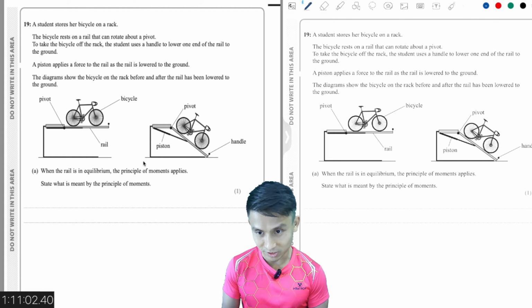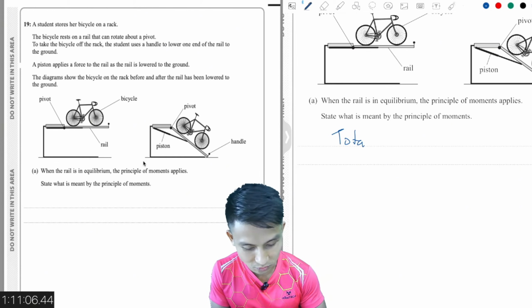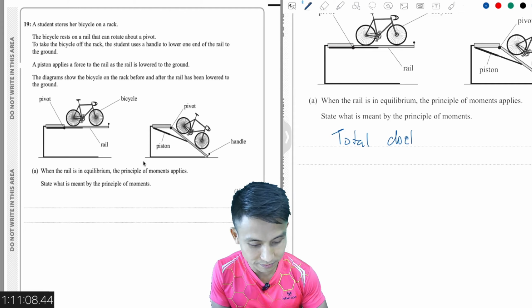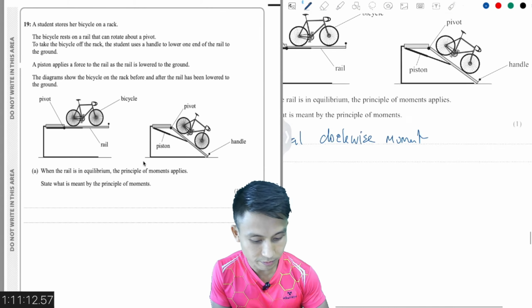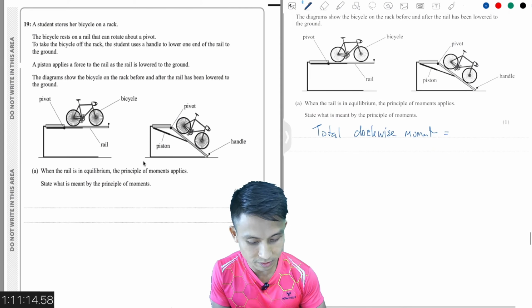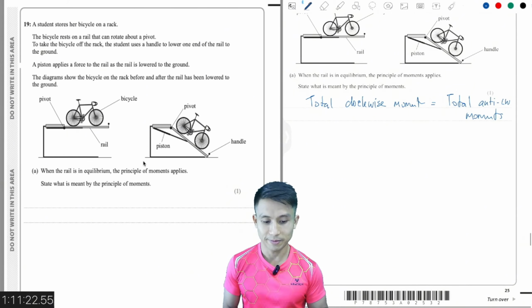State what is meant by principle of moments. Okay, so total clockwise moments equals total anti-clockwise moments. I'm just going to make it short, yeah?